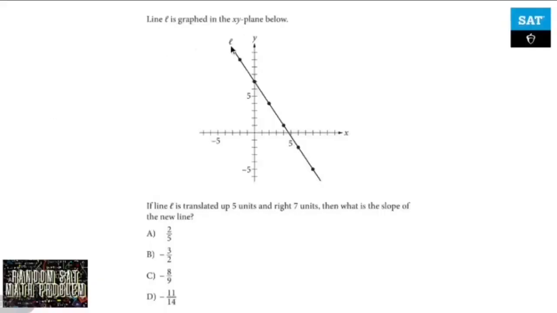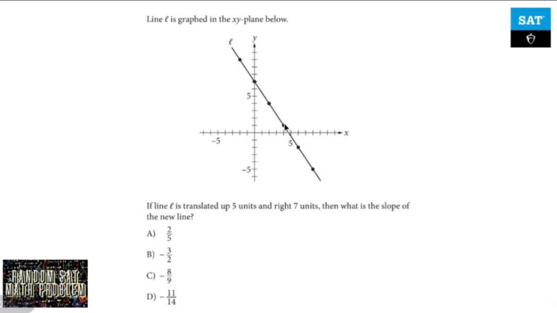Line L is graphed on that plane right there. If line L is translated up 5 units and right 7 units, what is the slope of the new line? If all I'm doing is taking this guy right here and moving it, the slope will not change.